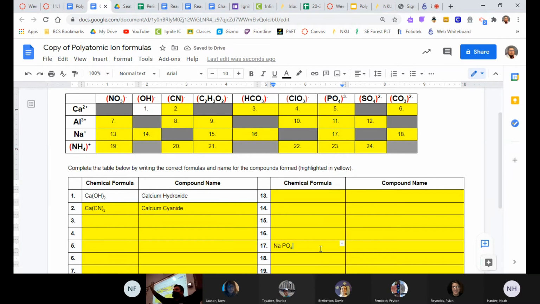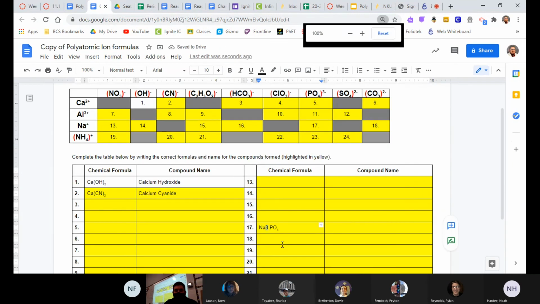I have to crisscross my charges. Phosphate is -3, so it's going to give 3 to sodium. Sodium has a +1, so it's going to give 1 to the phosphate. So the 3 needs to go to the sodium. I'm going to put a 3 over here.